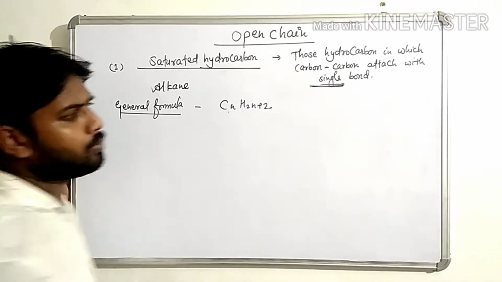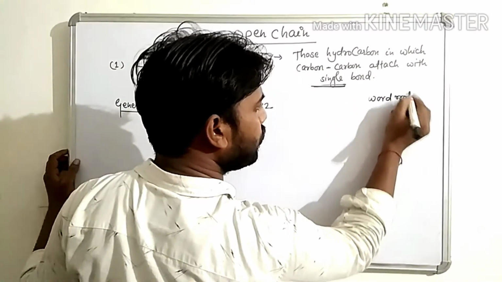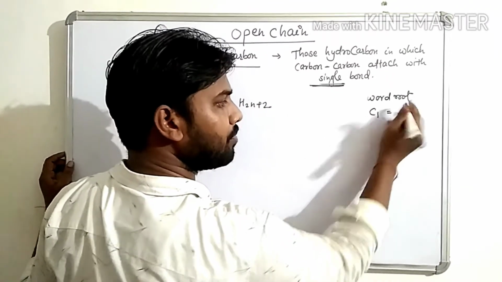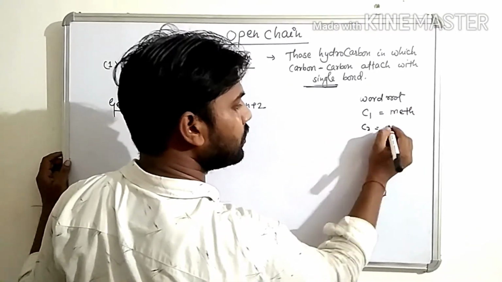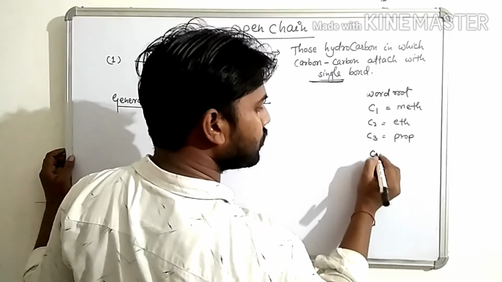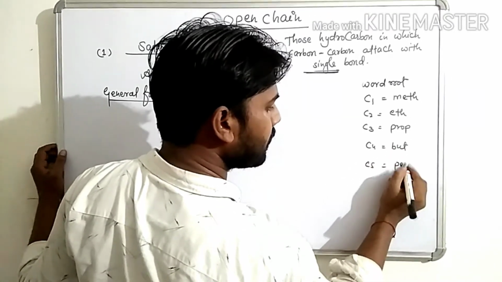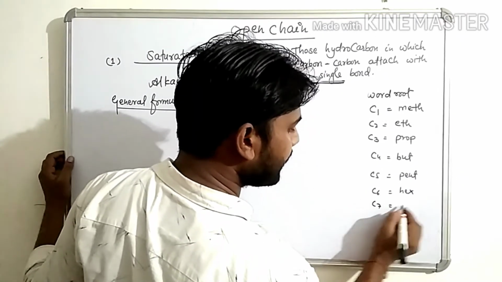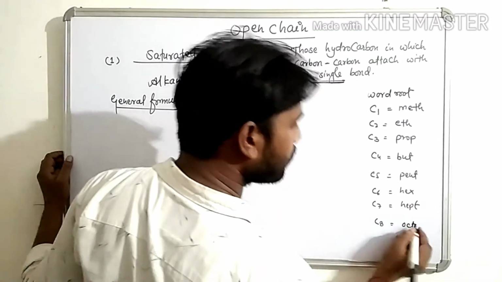Children, first we have to know the word root. Write down, copy word root. If C is 1, it is called meth; C2 eth, C3 prop, C4 but, C5 pent, C6 hex, C7 hept, C8 oct.